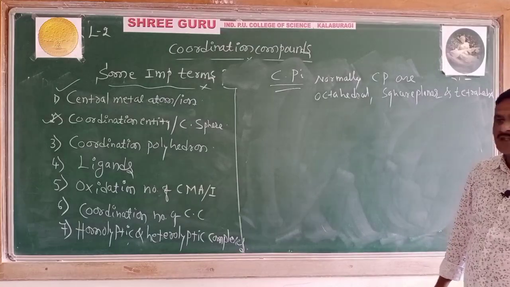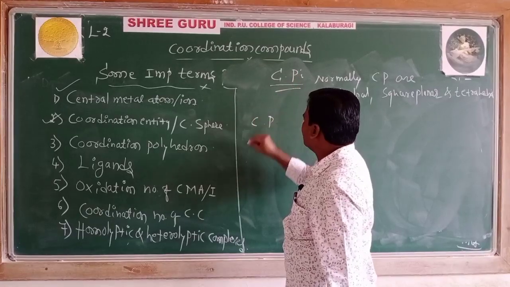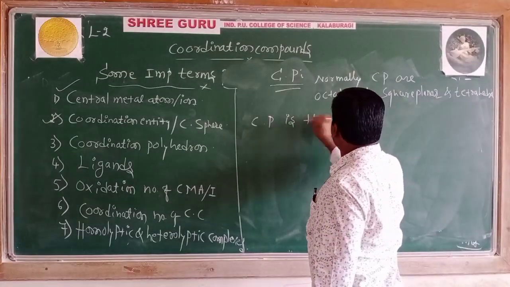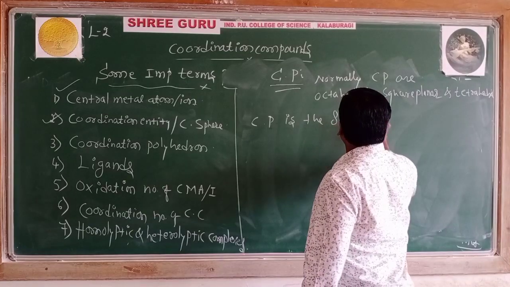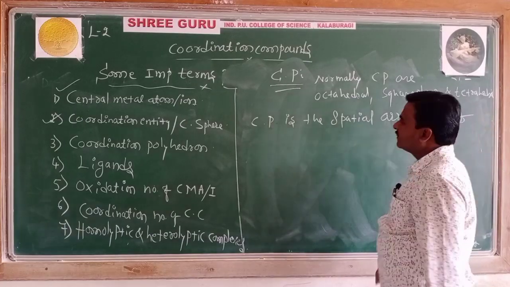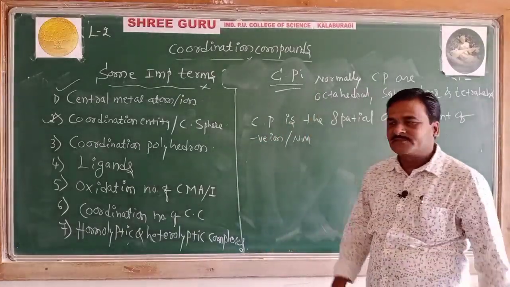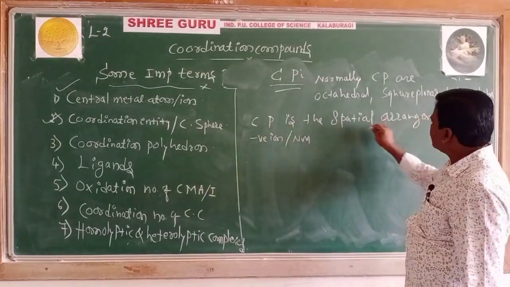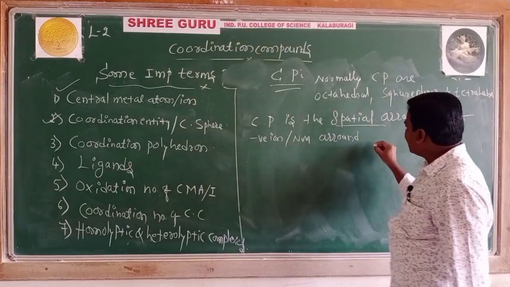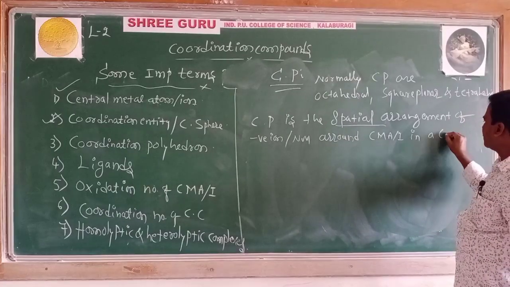What does it mean? Coordination polyhedron is the spatial arrangement of negative ions or neutral molecules, nothing but ligands, around the central metal atom or ion in a coordination sphere.